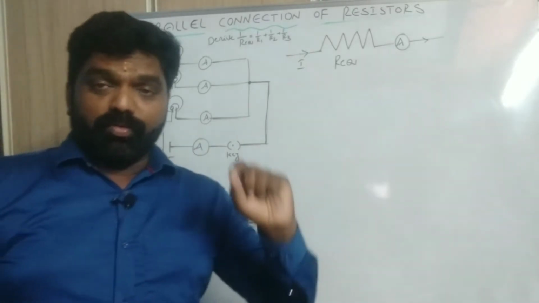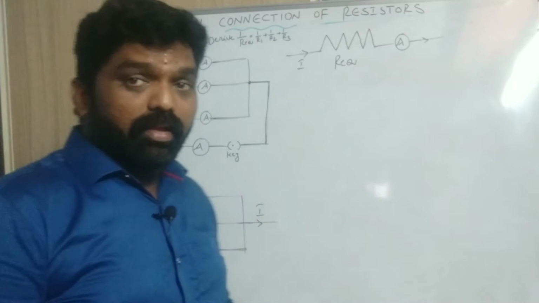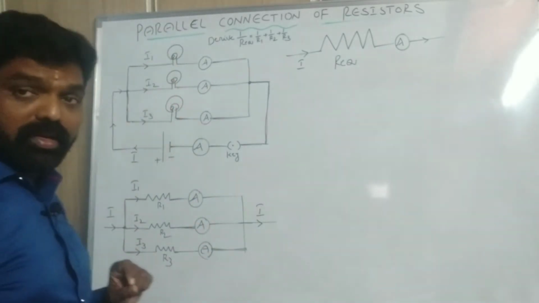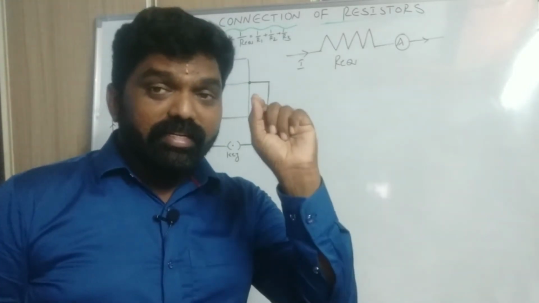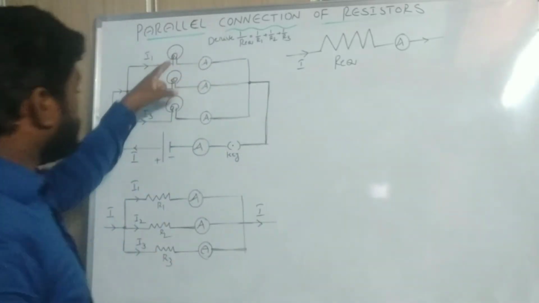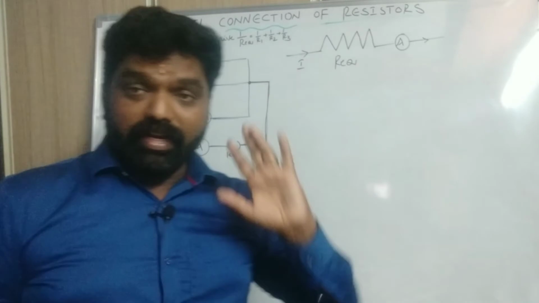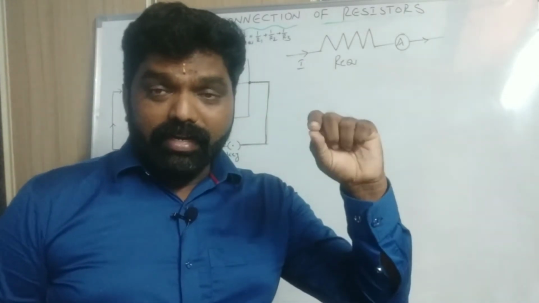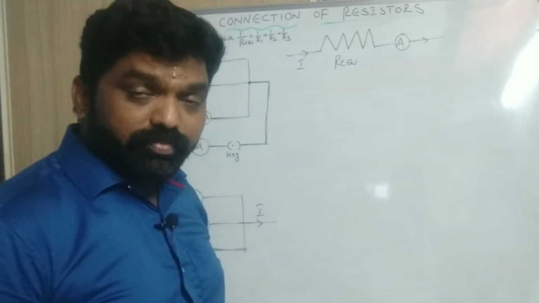You know, while resistors are connected in parallel, the potential difference is the same in all the resistors, but the current is different at different bulbs, right? When resistors are connected in parallel, current is different but voltage is constant.